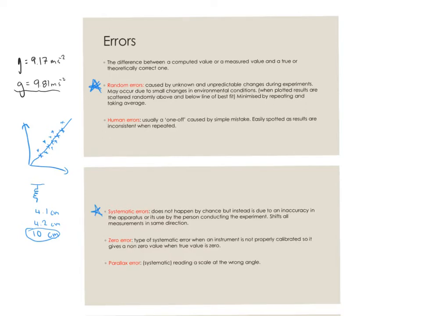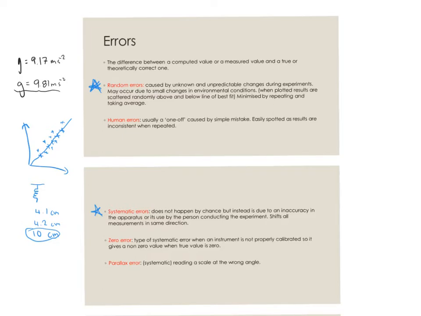Now, the second very important type of error is systematic errors. These don't happen by chance, so it's not like random errors, which are unpredictable things that you can't change. You can actually change what affects systematic errors. It's usually due to an inaccuracy in the apparatus or the way the person is conducting the experiment.